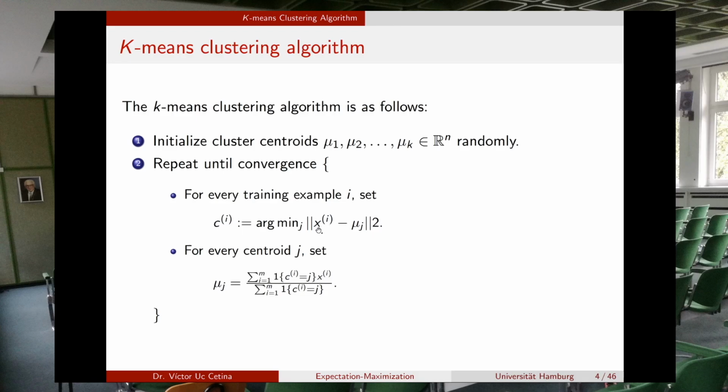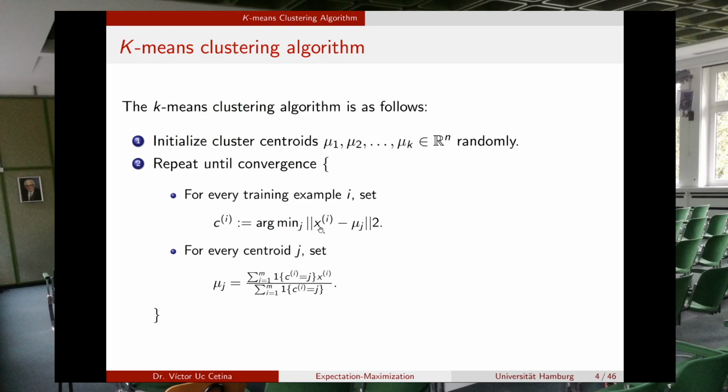So you will visit each of the points in your data set, and you will check which of these k means is the closest one, and closest one is measured using the distance between two vectors, the Euclidean distance between two vectors.